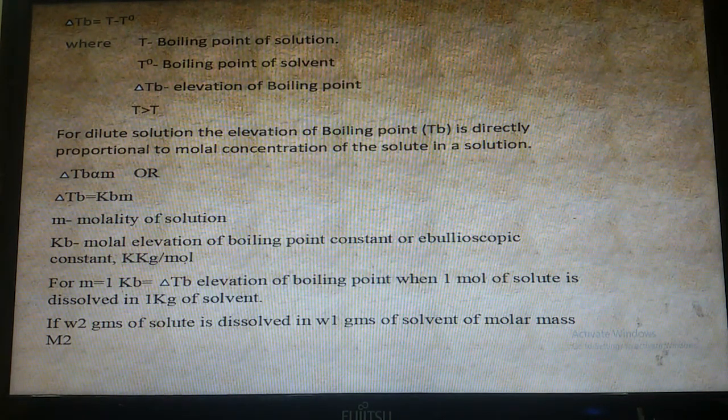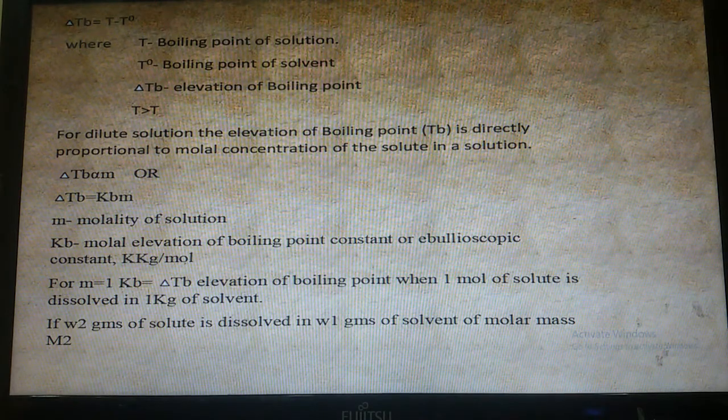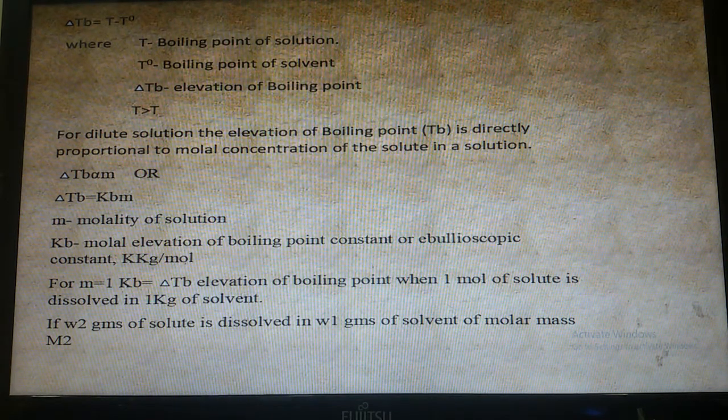Delta Tb is expressed in Kelvin and m in mole per kg. Hence, Kb is in K kg per mole. For m equal to 1, Kb is equal to delta Tb. Kb is the elevation of boiling point produced when 1 mole of solute is dissolved in 1 kg of solvent.